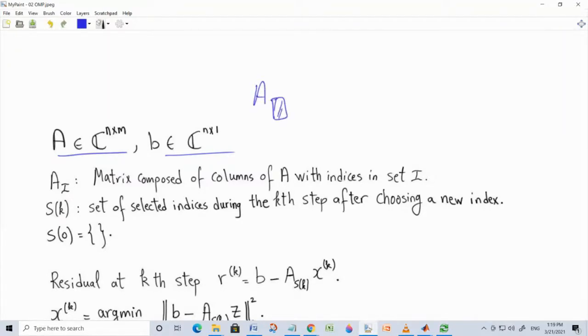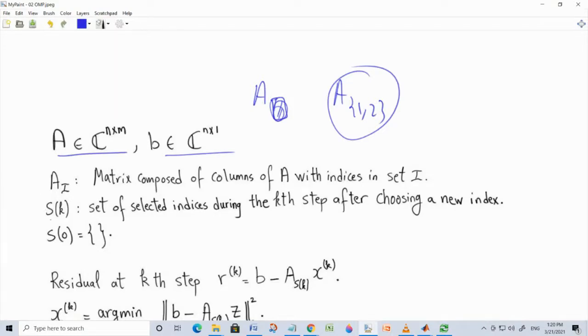This set contains numbers between 1 and m, a subset of the set from 1 to m, and it means that we are talking about a submatrix of A, with columns taken from A whose indices are in this subscript. So if I write A of {1,2}, this means a matrix with two columns, which are the first two columns in matrix A.